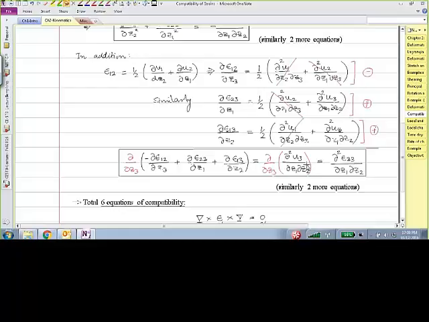That's what I have here, and the derivative of that with respect to z1, z2 is written down here. So we get yet another compatibility equation using the shear strains only.